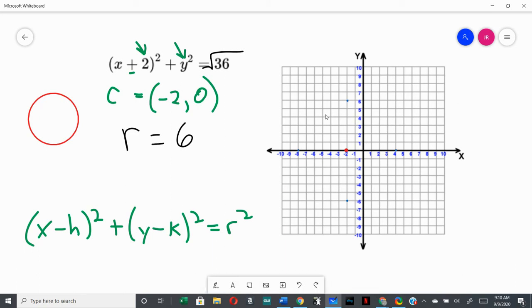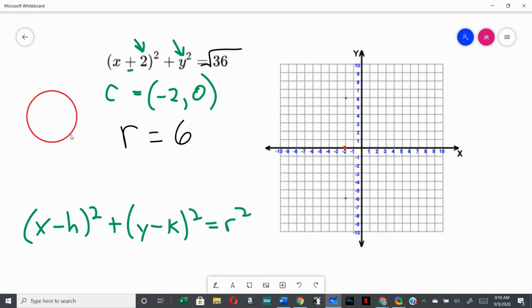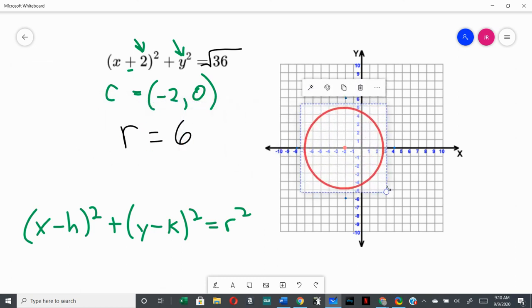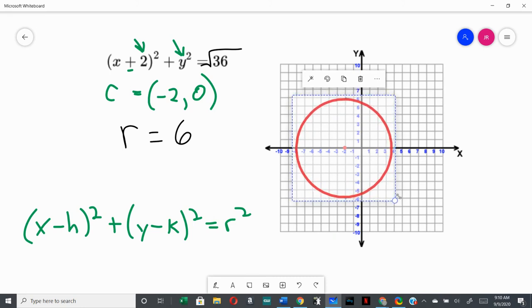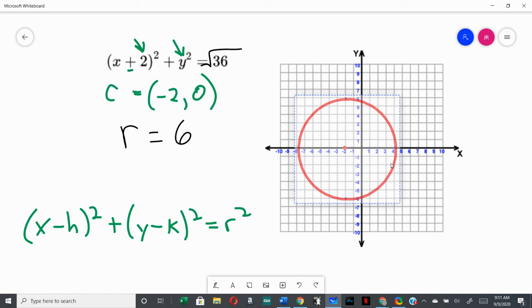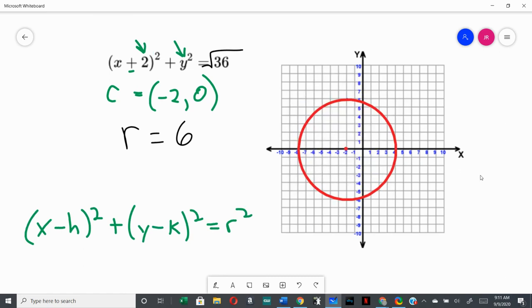If you're freehanding, you just draw the best circle you can freehand. I'm going to pull my image over and fill in where I need it to go. That's about it, and there's my circle graphed.